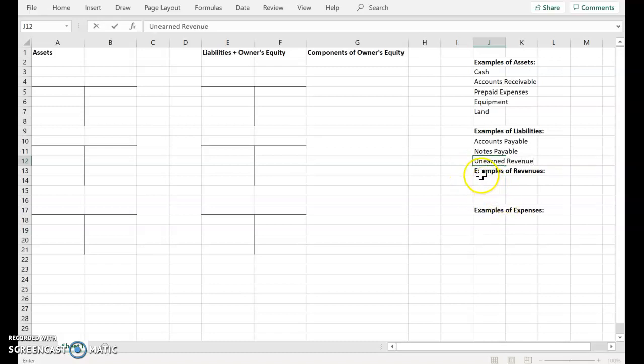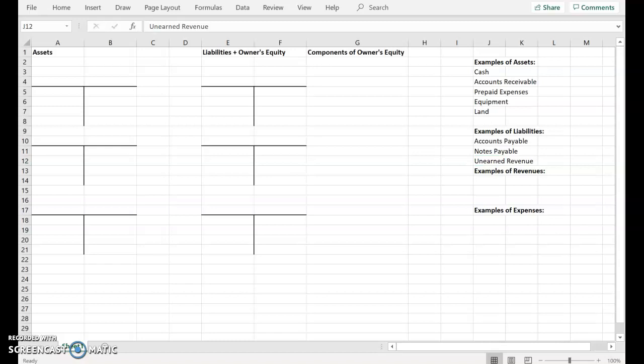This is anytime a customer pays you ahead of time and you owe the customer the goods or service, and so you have not officially earned the revenue. You owe them the liability, you owe them goods, or you owe them services.